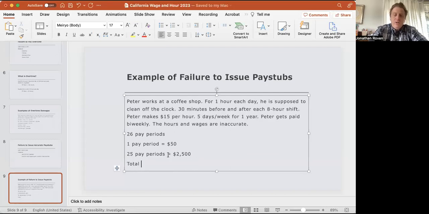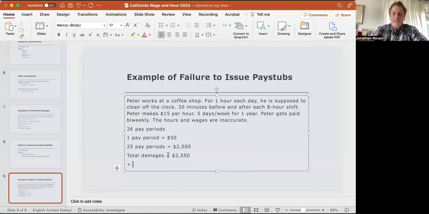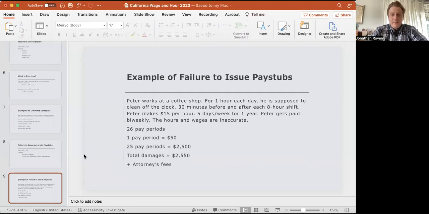So the total damages for the wrong pay stubs is $2,550 plus attorney's fees. So that's how you calculate inaccurate pay stub damages.